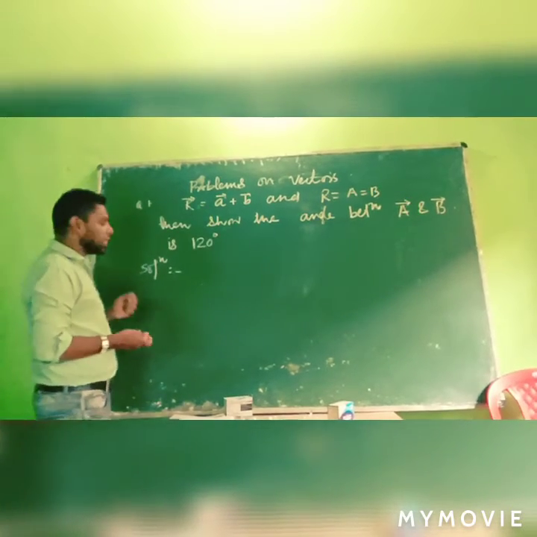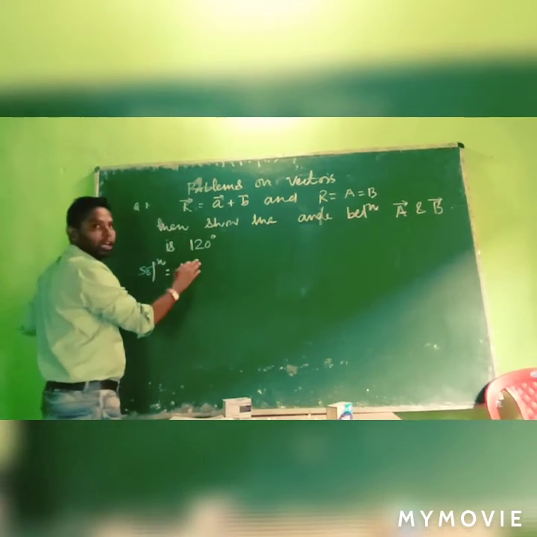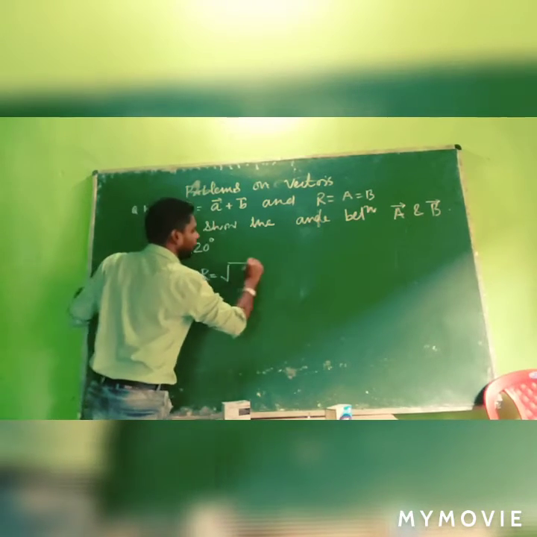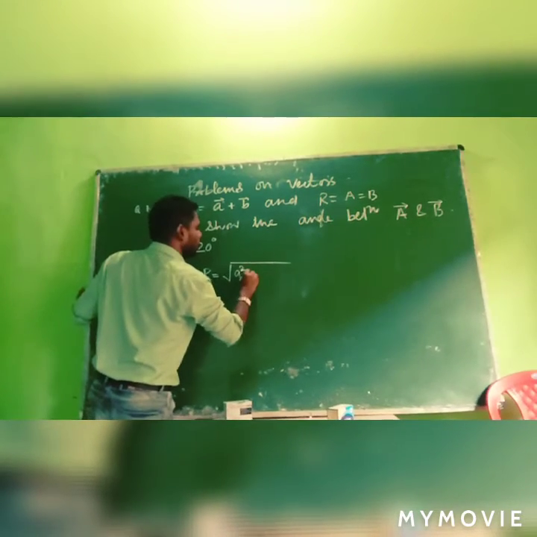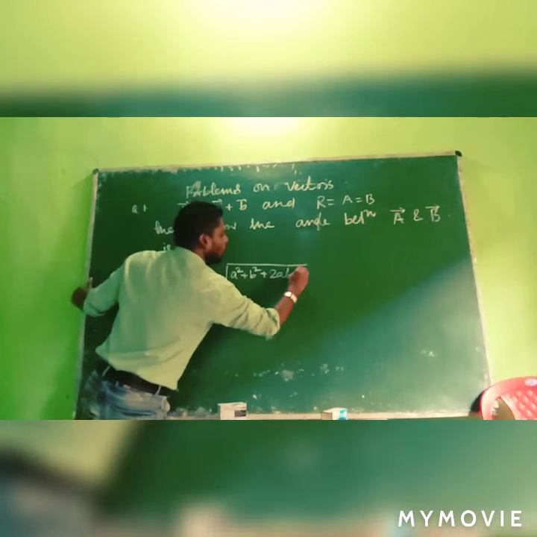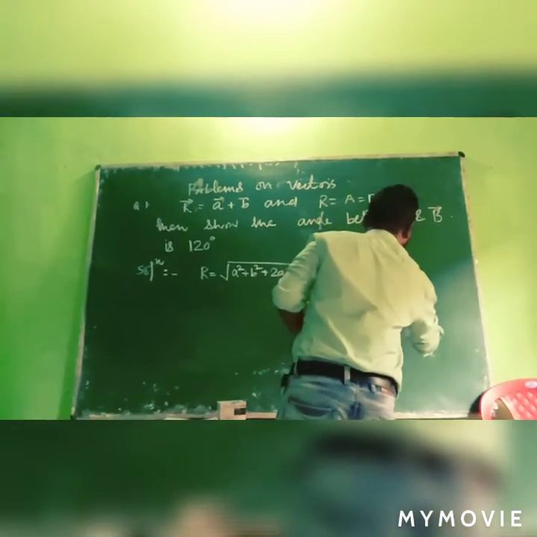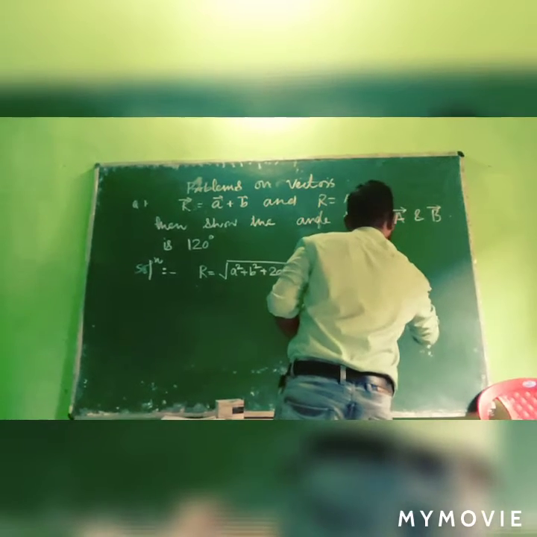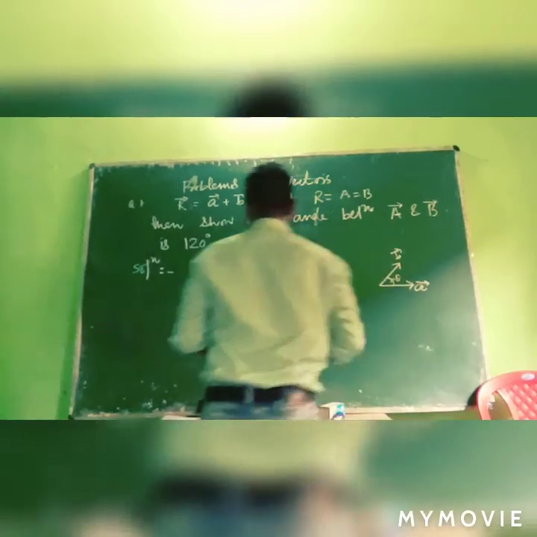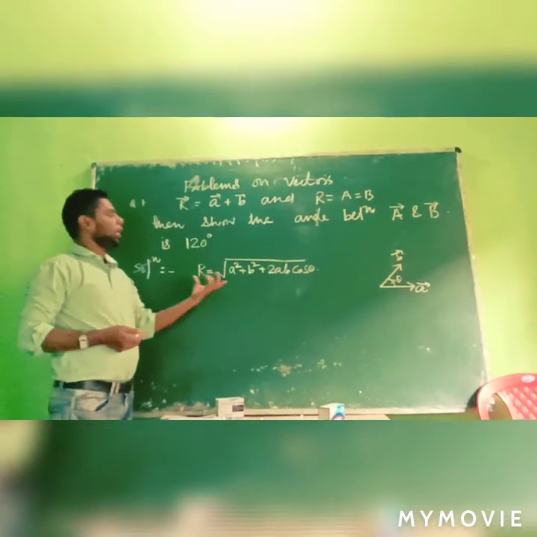So r is the resultant vector, and as we have got the formula of r by parallelogram method, r equal to root over a square plus b square plus twice ab cos theta, where theta is the angle between a and b. If a is the vector, b is the vector, then theta is the angle between a and b.